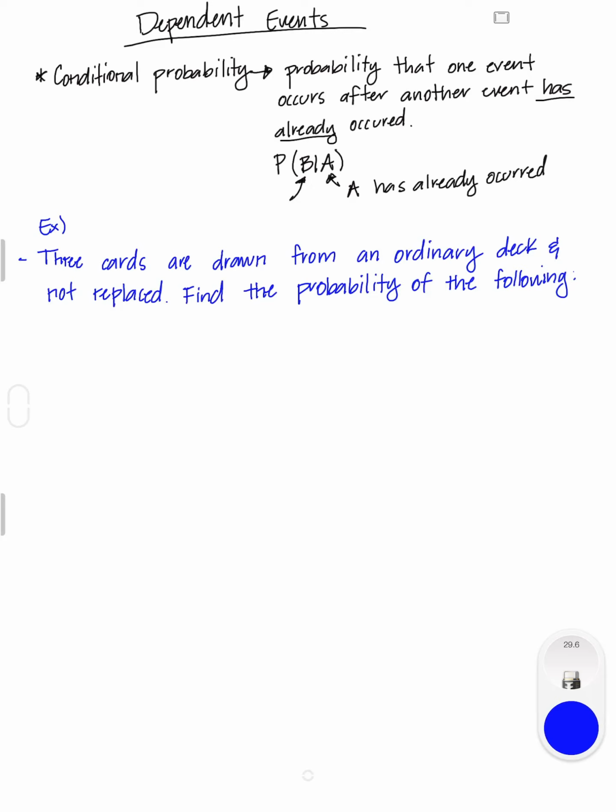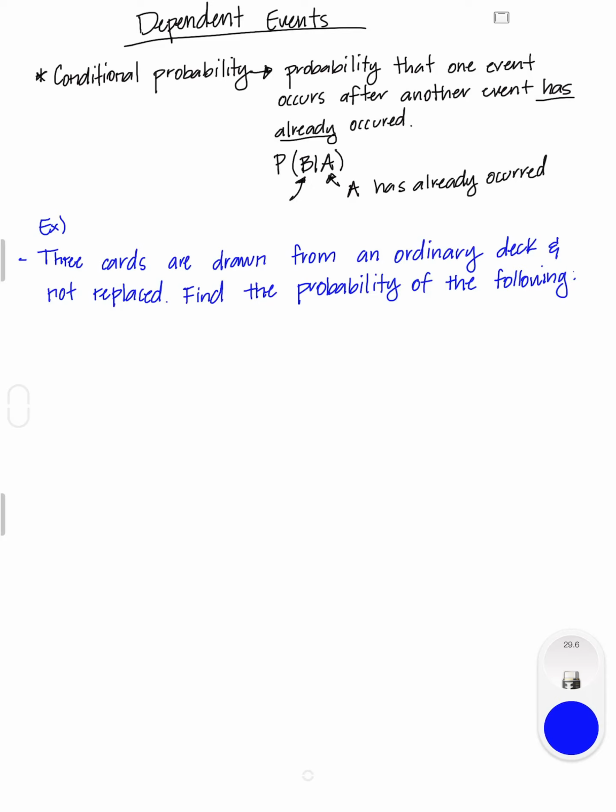Whereas we saw in the other video that independent events are basically when they don't affect each other at all, right? So the occurrence of the first event is not going to change the probability for the second event. One of the things that we use for dependent events is the conditional probability, and this is the probability that one event occurs after another event has already occurred.